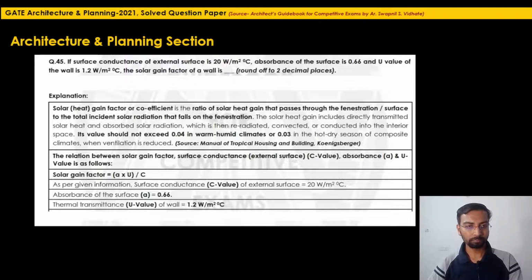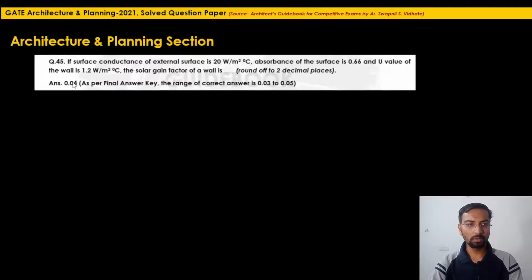So we have to just put these values in the equation, solar gain factor equals A into U upon C. By simply putting these values, 0.66 into the U value 1.2, divided by 20, the answer is 0.04. So this was the answer for this question, 0.04. As per the final answer key, the range for the correct answer was 0.03 to 0.04.